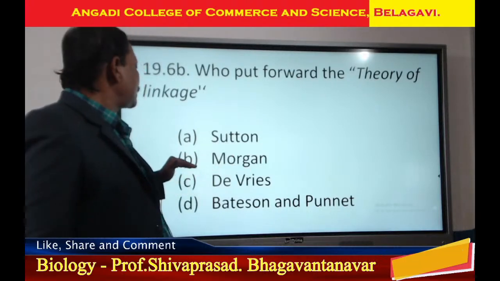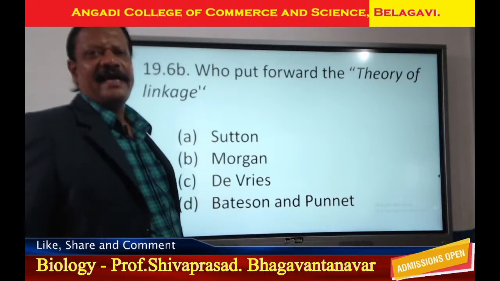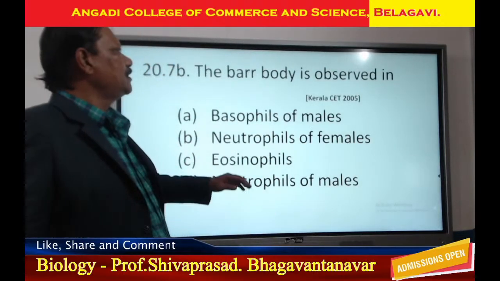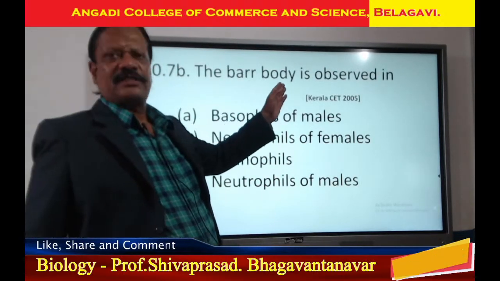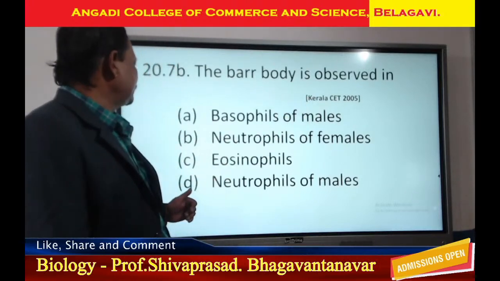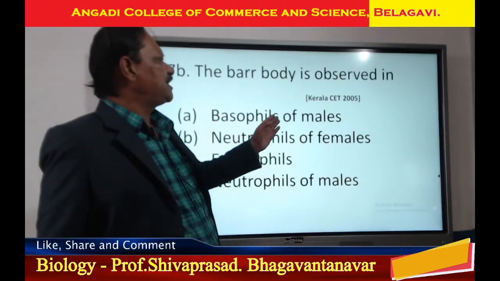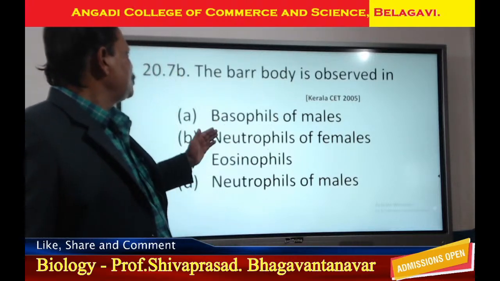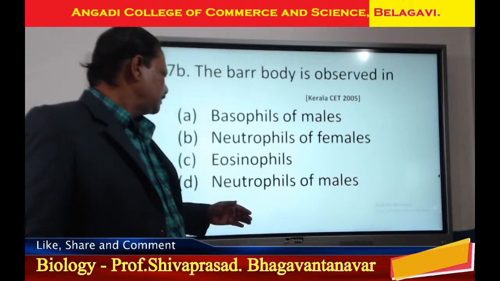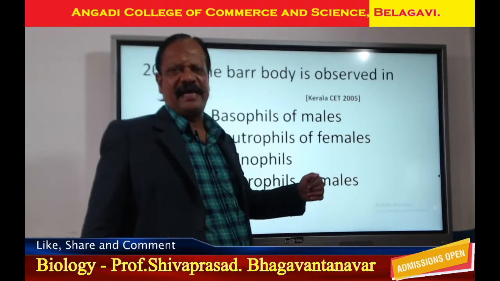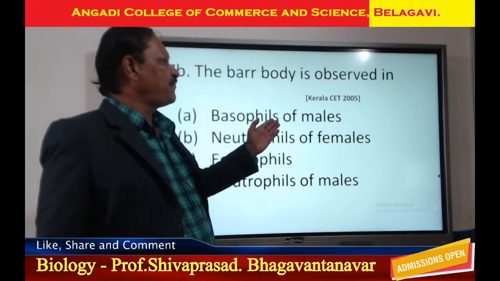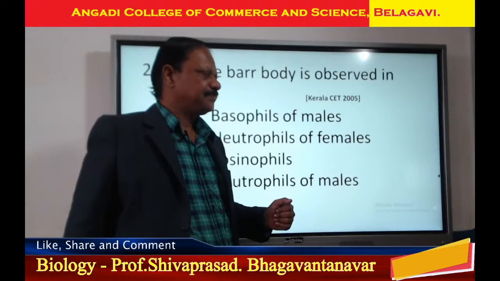So option B, Morgan, is the right answer. Move to the next. The Barr body is observed in: basophils of males, neutrophils of females, eosinophils, or neutrophils of males. The right answer is option B, neutrophils of females.